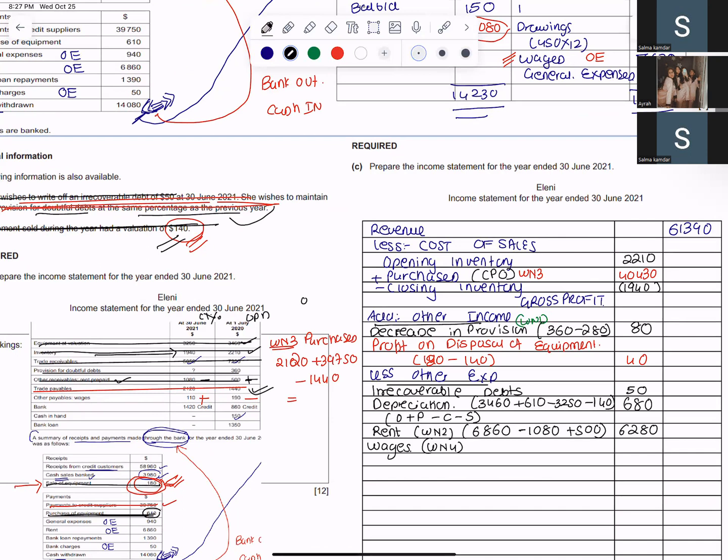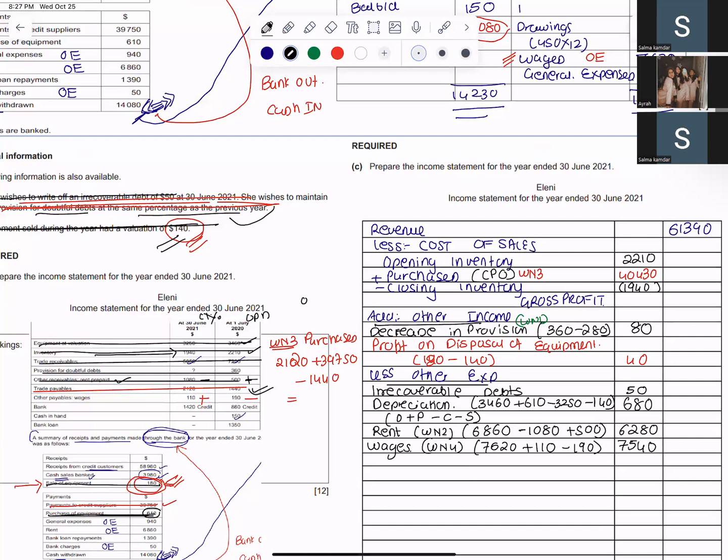Okay. Wages. What is the amount of wages? 7620, and of the previous year, plus 110 of the current year is accrued, added, and previous year 190 is subtracted. So 7620 plus 110 minus 190 is 7540.